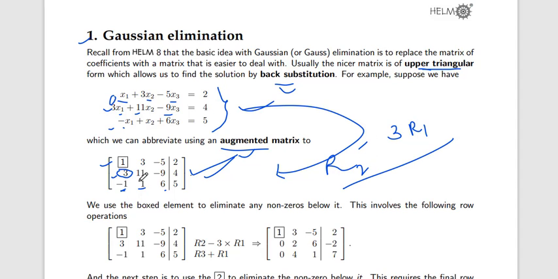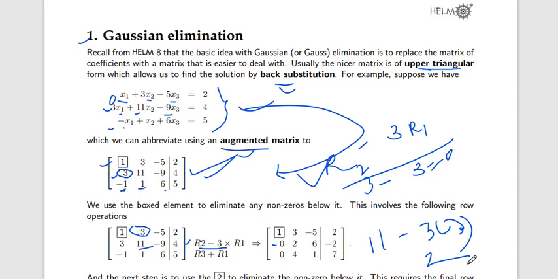So this will become 0, since 3 minus 1 multiplied by 3 is 0. We do the row operation R2 minus 3R1, and all the row operations will follow this pattern. Here it will become 0. Then 11 minus 3 into 3: 11 minus 9 is equal to 2.